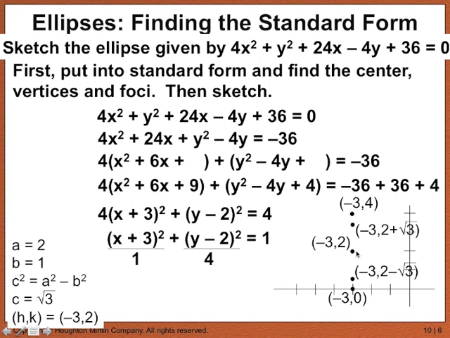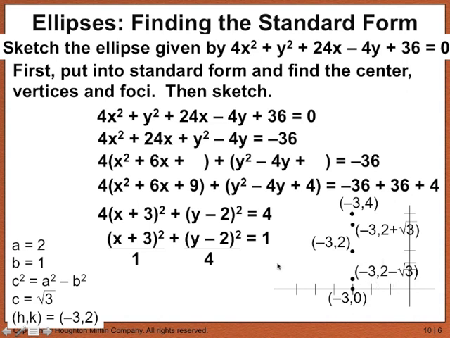So the y-coordinate of the focus is given in terms of the y-coordinate of the center. This focus that's above is a distance of root 3 from negative 3, 2. And this one that's below is a distance of root 3 below negative 3, 2. The coordinates are then written as, for the one above, negative 3, 2 plus root 3, and for the one below, negative 3, 2 minus root 3.